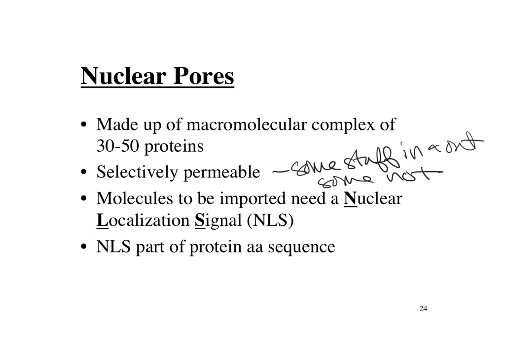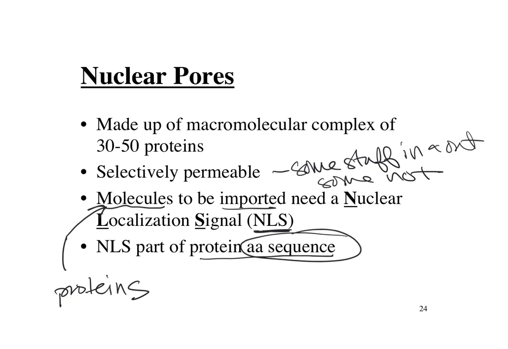Okay, so if a molecule, like a protein, is usually imported, sent in, it needs a nuclear localization signal, NLS. What is that? It's just a sequence of amino acids in the protein.